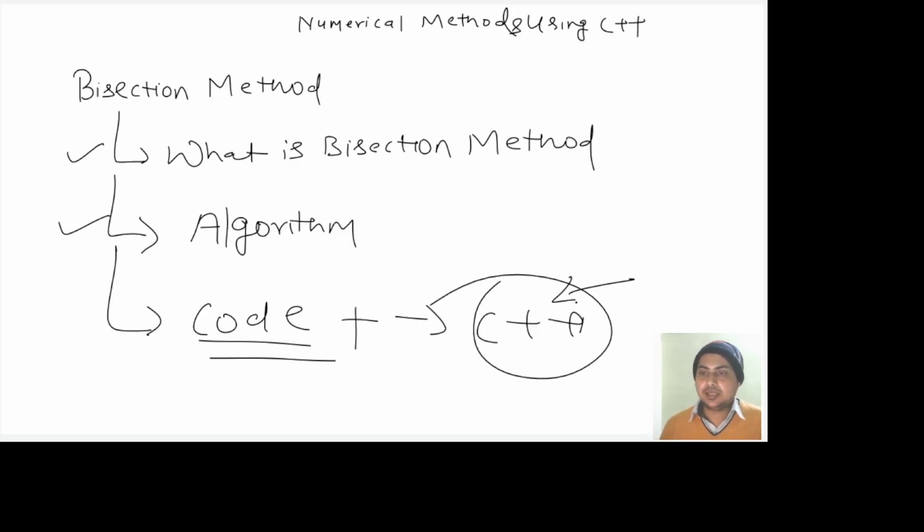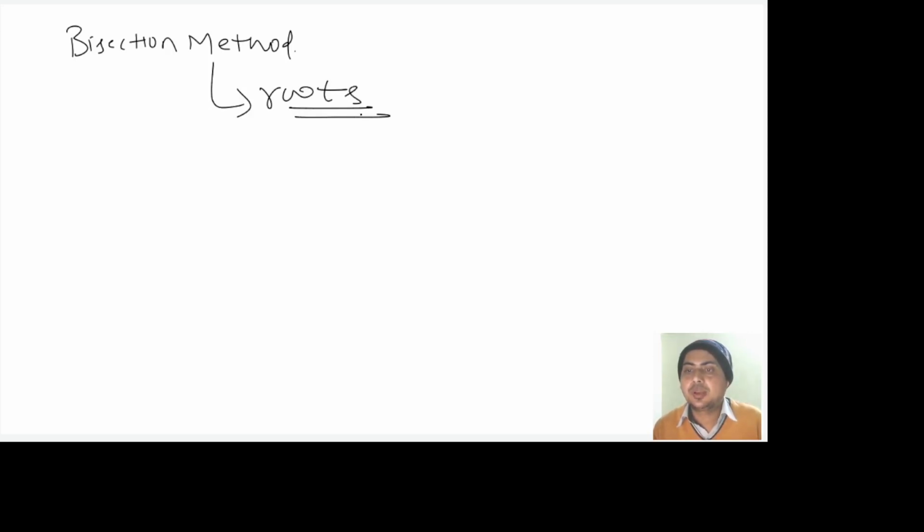So first is the bisection method. First we are going to learn what the bisection method is. Let's say the bisection method is a tool, or an algorithm, to find a root of an equation or polynomial, which is continuous in nature.